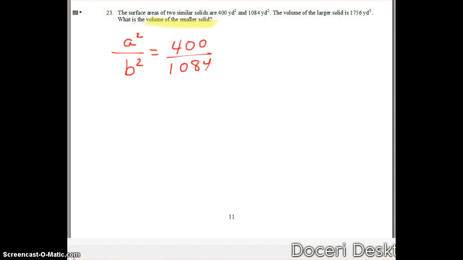I'm going to take the square root of both of these, which is going to give me the square root of 400, which is 20, and the square root of b squared, which is 1084. B will be approximately 32.92.